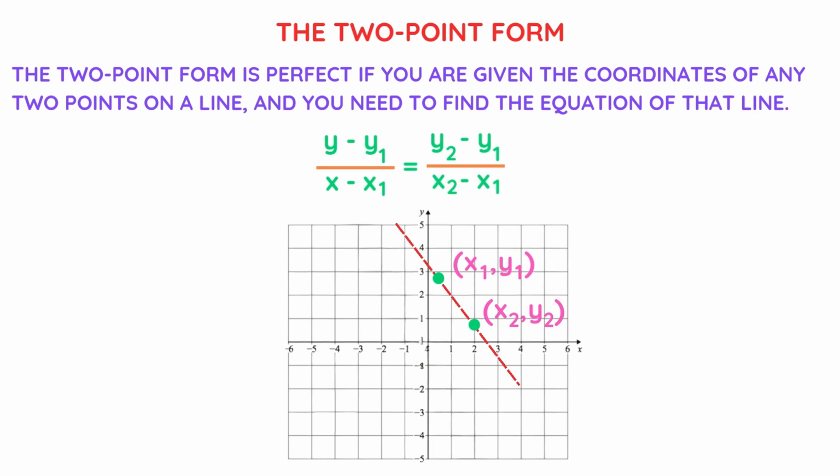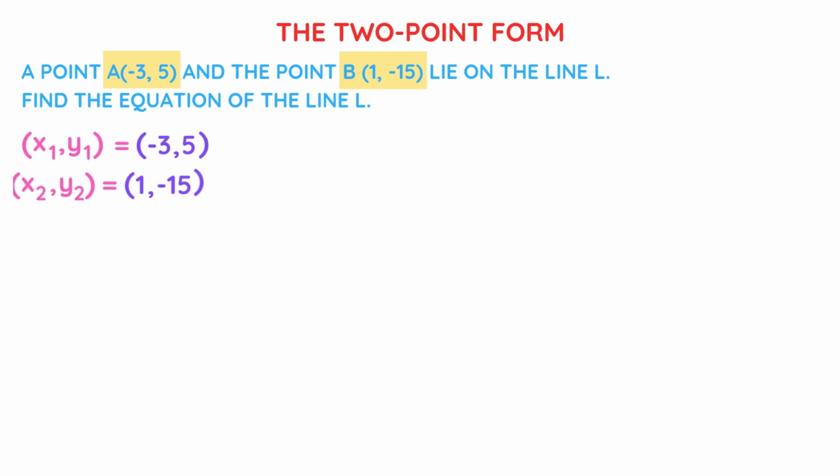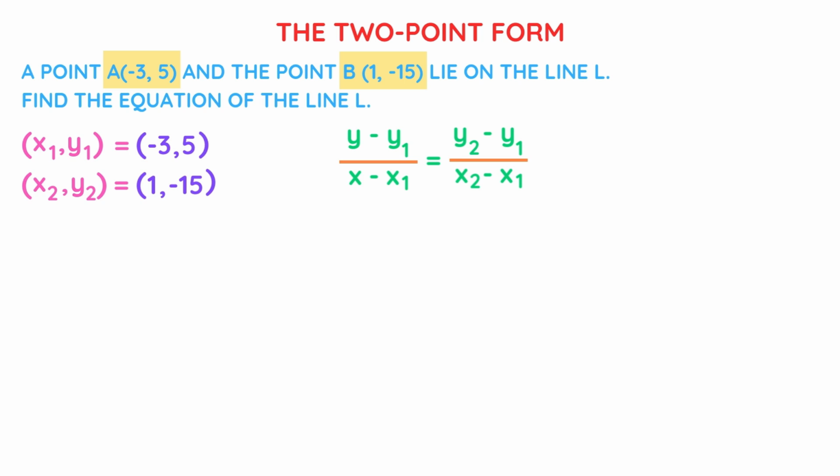Let's try to do a question using this form. As you can see in this question, we are given the coordinates of 2 points. Point A is negative 3, 5, and point B is 1, negative 15. You can choose any of these points as x1, y1 and x2, y2, then substitute them into your formula. Y minus 5 over x minus negative 3 is equal to negative 15 minus 5 over 1 minus negative 3.